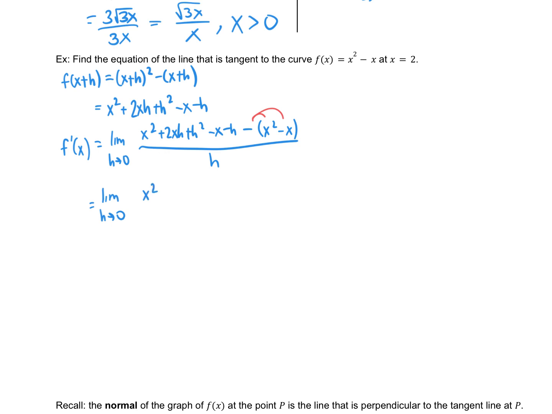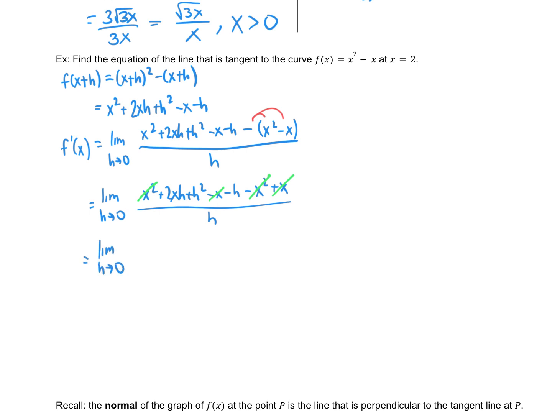And you're left with x squared plus 2xh plus h squared minus x squared plus x, all over h. So x squared minus x squared is gone, negative x plus x is gone. Everything else that we're left with, 2xh, h squared, and negative x, they all have an h in common.